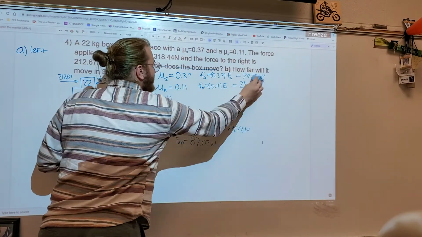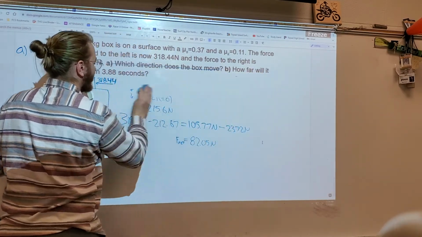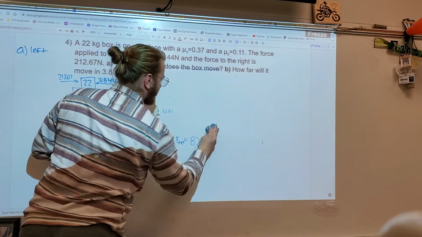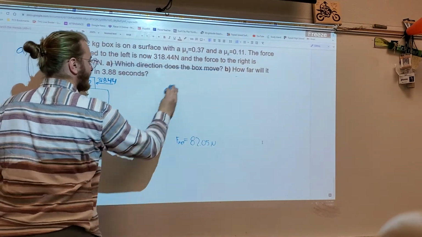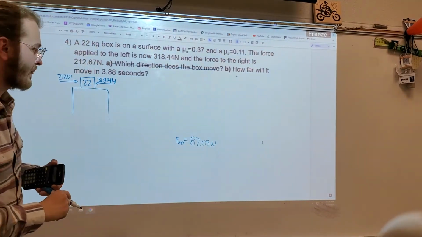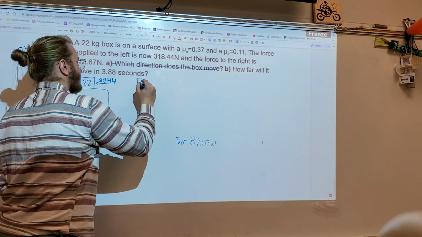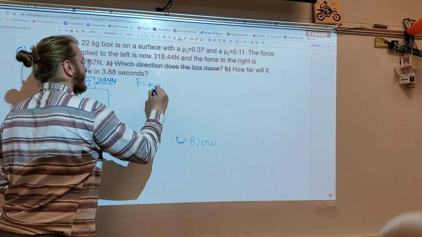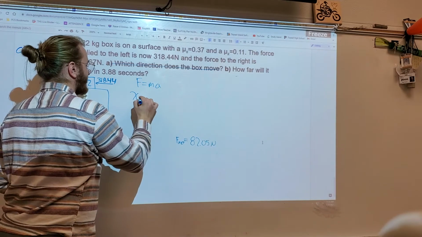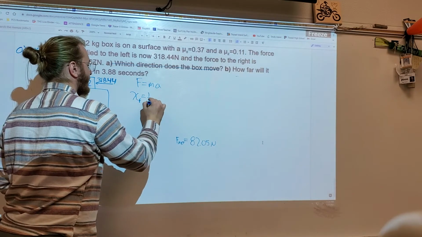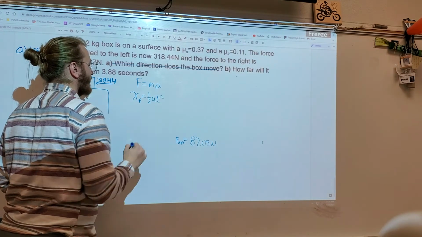I'm going to erase some of this so we have more room. We say, okay, F is equal to MA, and XF is equal to 1/2 AT squared.